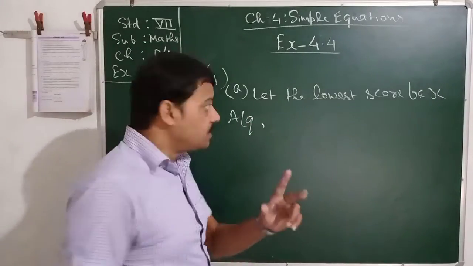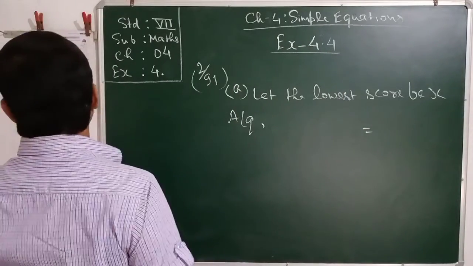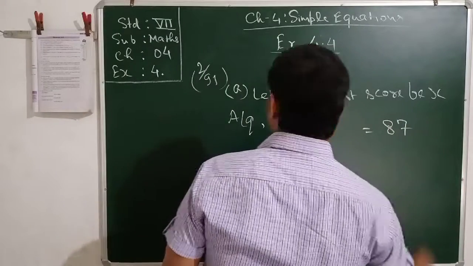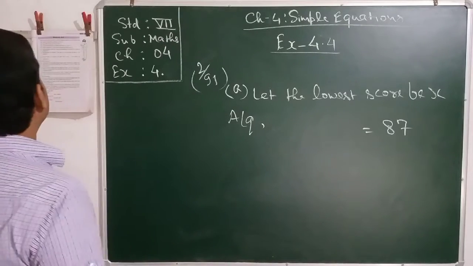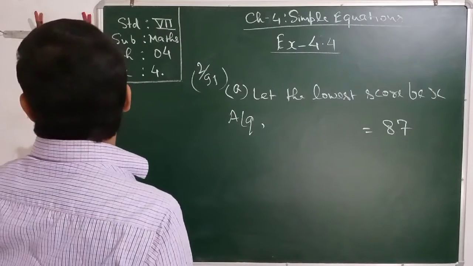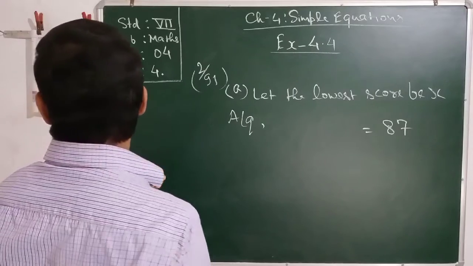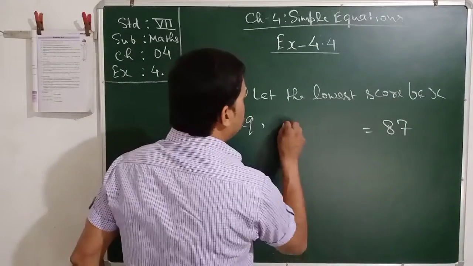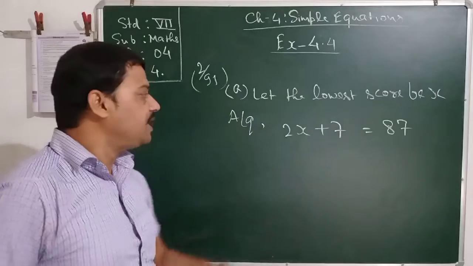Highest mark is given, so we can write the RHS first. Highest mark is 87, so the RHS is already known, and in the LHS we need to set up the equation. Twice the lowest marks will be 2x and plus 7, 7 will be added, it will be 87.